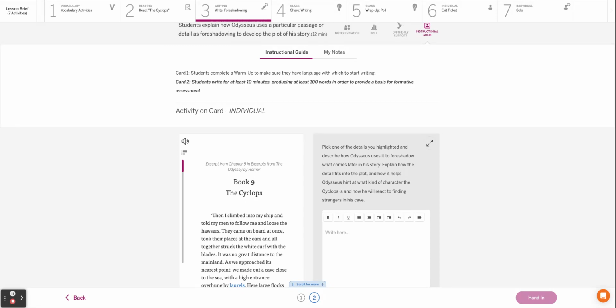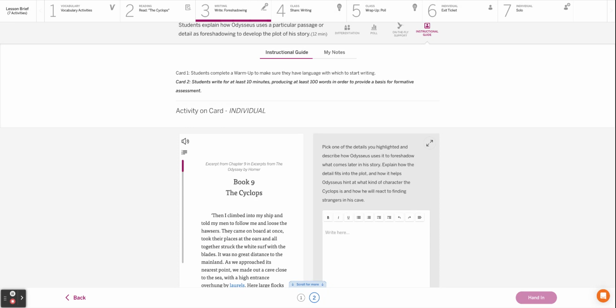So how does that one yellow highlight fit into the story? And how does it help Odysseus hint at or think about or foreshadow the type of character the Cyclops is, and then how he's going to react to finding strangers in his cave?